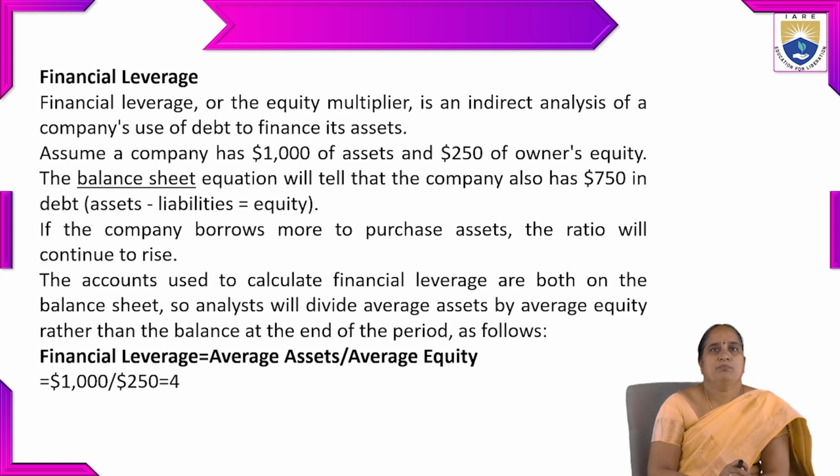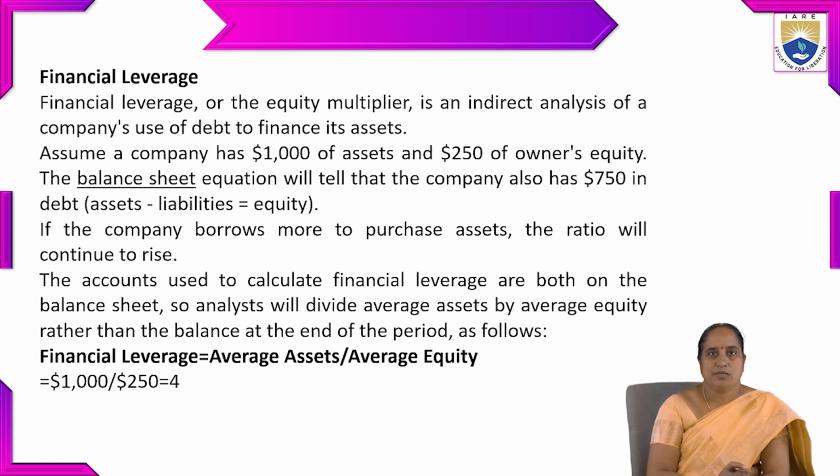So if the company borrows more to purchase assets, the ratio will continue to rise. The accounts used to calculate financial leverage are both on the balance sheet. So analysts will divide average assets by average equity rather than the balance at the end of the period, and this can be represented as given below.